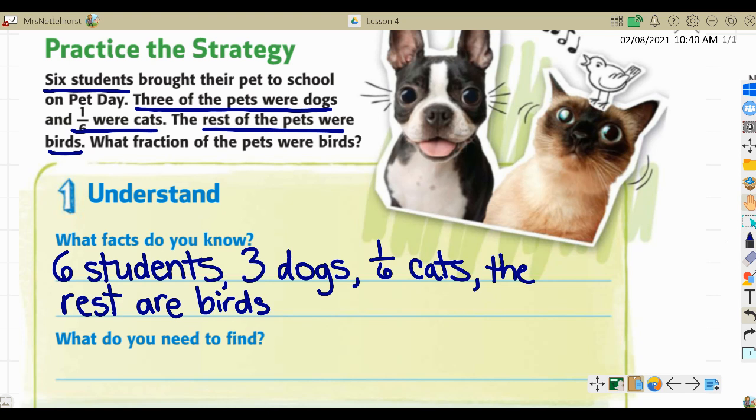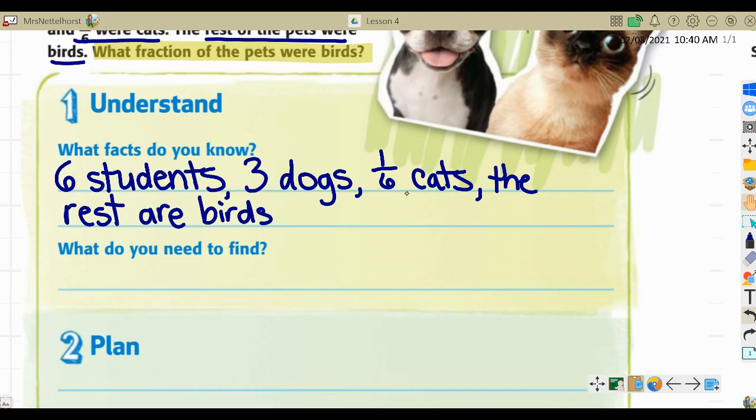Okay, so let's scroll up. What do you need to find? Well, it wants to know what fraction of the pets were birds. Before I scroll up here, let me highlight. So what I need to know is what fraction of the pets were birds. Oops, I need to scroll down first before I pick a pen. So what do I need to know?